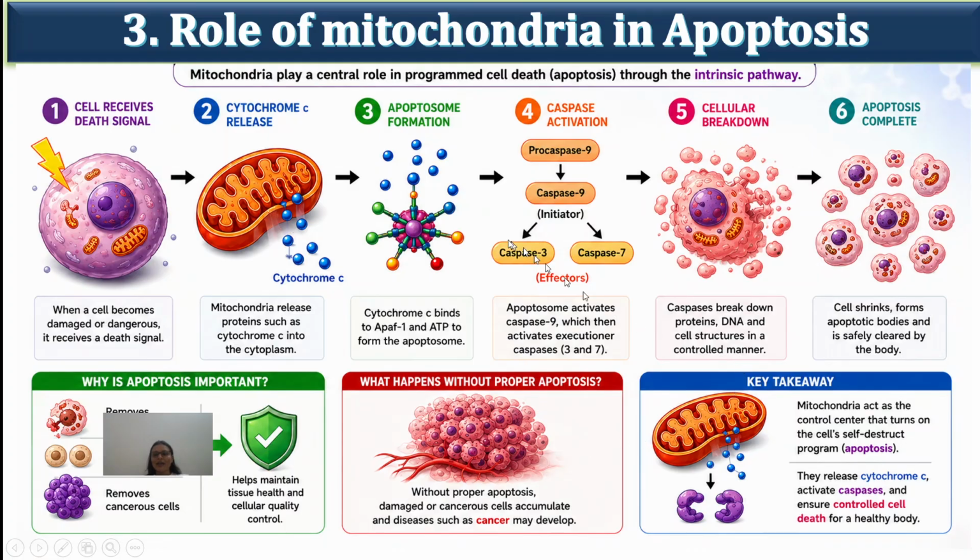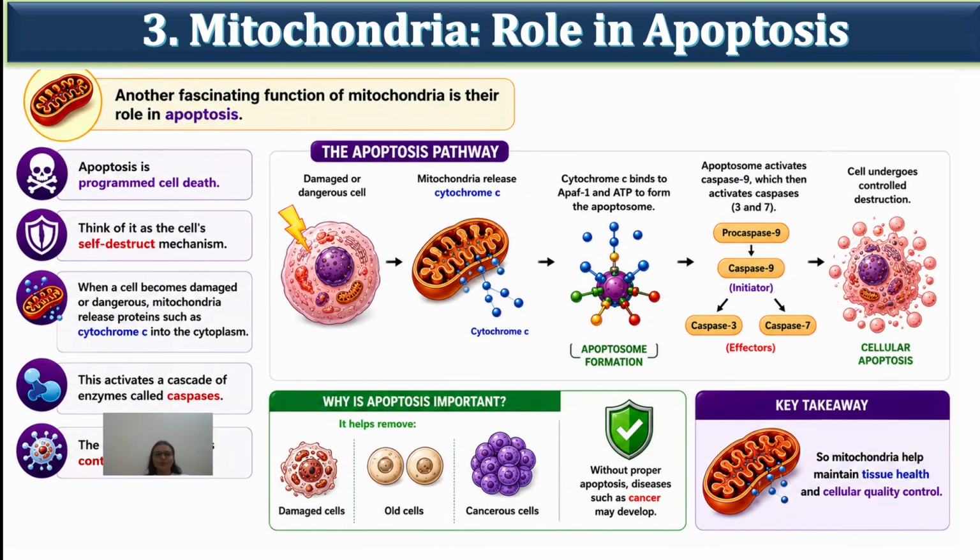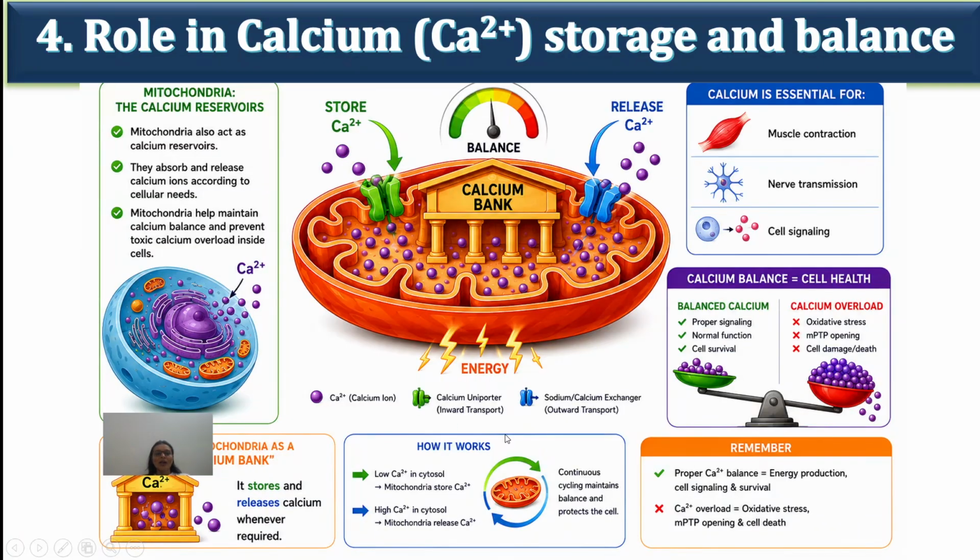So mitochondria act as a control center that turns on the self destruction program like the apoptosis process. Okay, this is what we talk about the apoptosis process. It also has a role in calcium storage and balance.